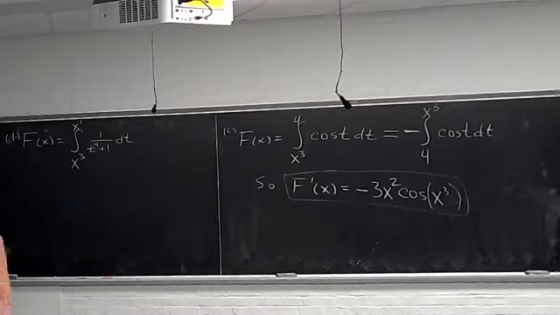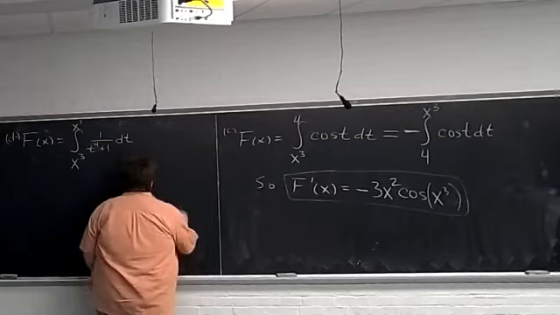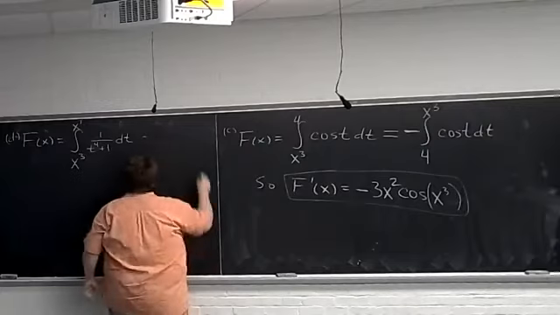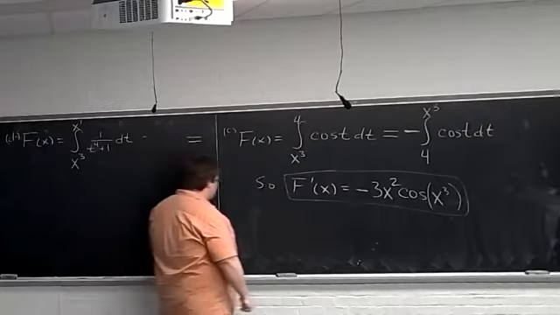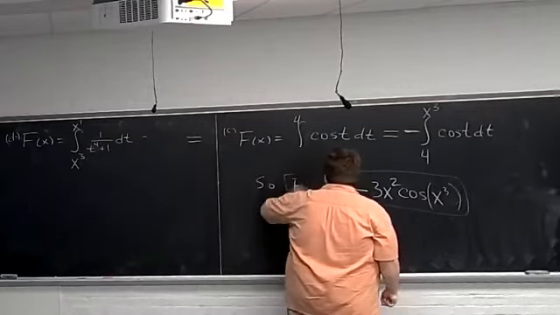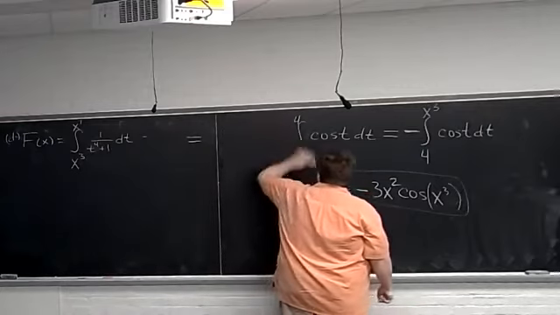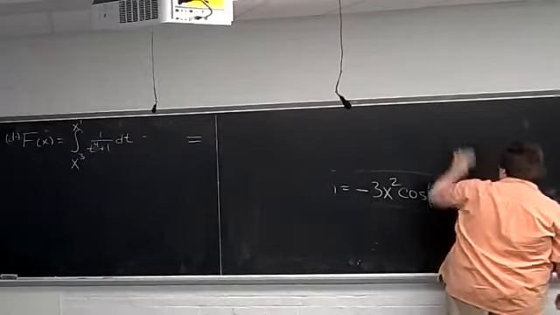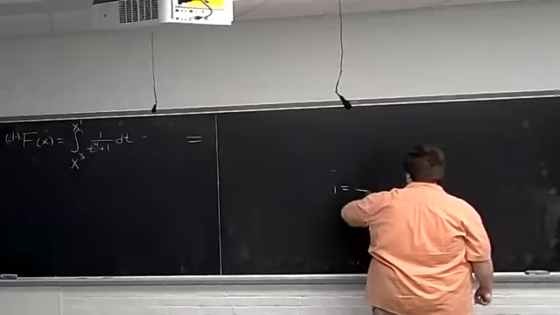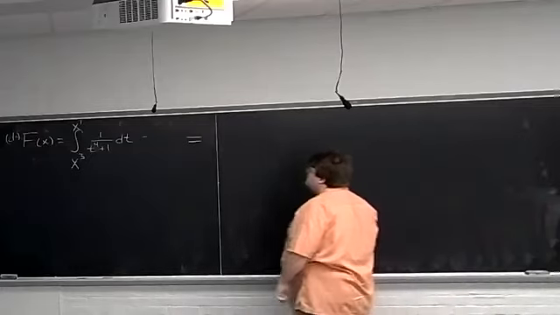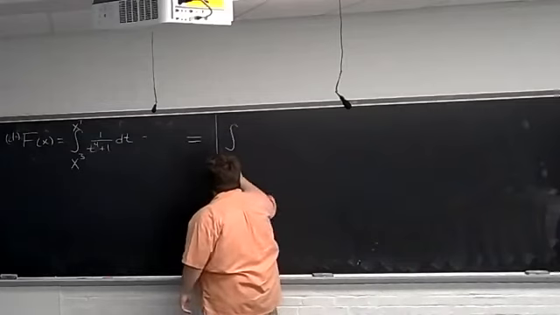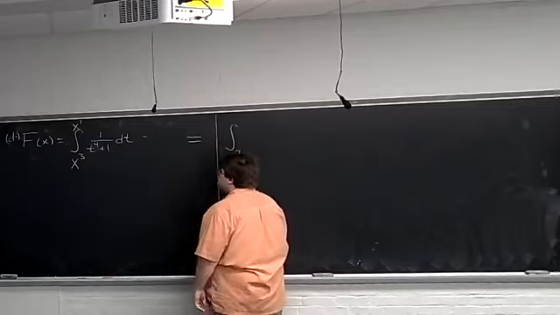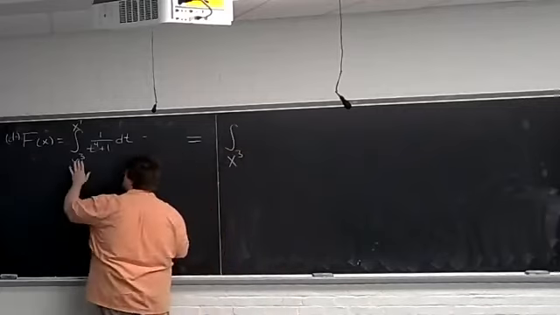But what can we do? Well, we can use property 5 of definite integrals to break this into 2 integrals. What would that look like? Well, you could write it in the opposite way, but I'm going to write it like this. We're going from x cubed to x to the 7th.